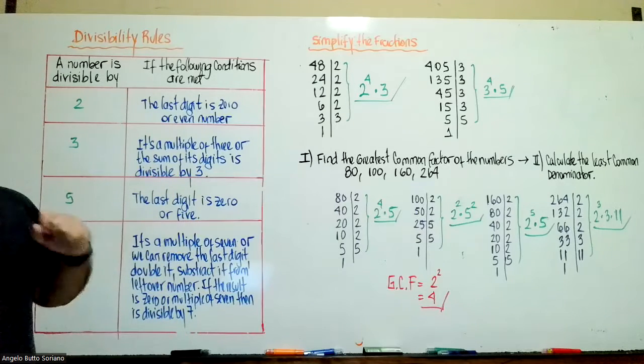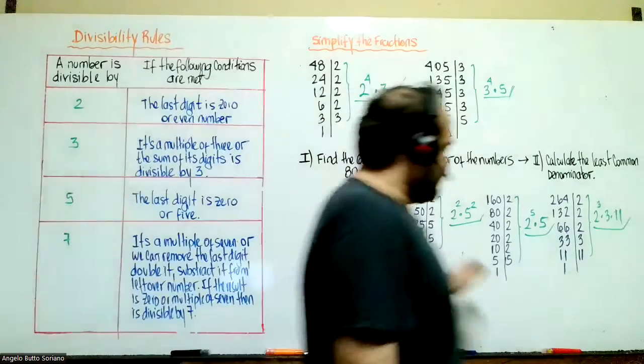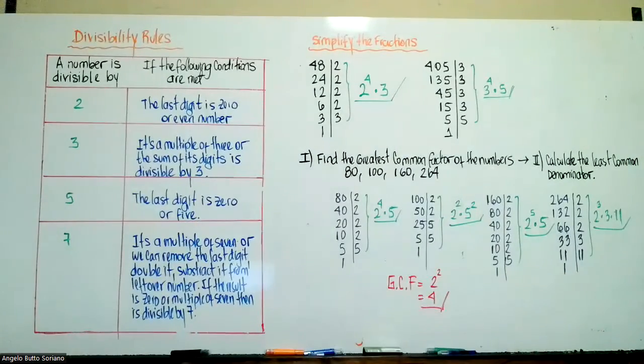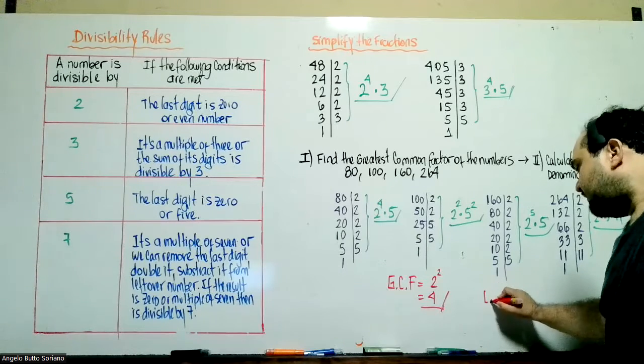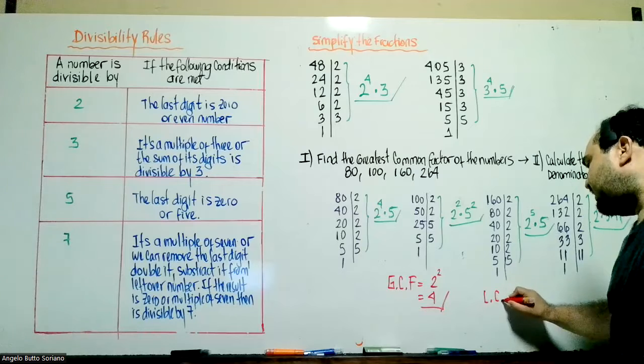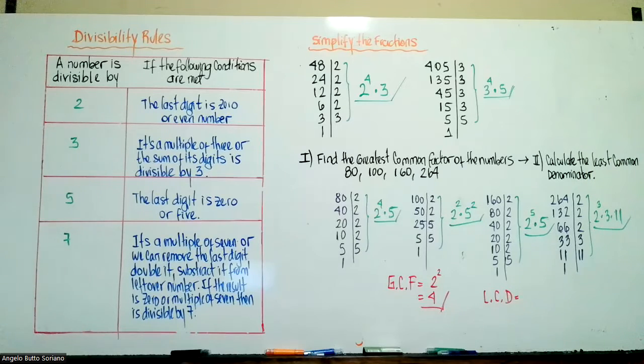Okay, the first way, just like the greatest common factor, simplify all of these numbers by their factors separately, okay? When you're finished, in the LCD, least common denominator, in this situation, it doesn't matter if the numbers appear or not in the whole numbers.